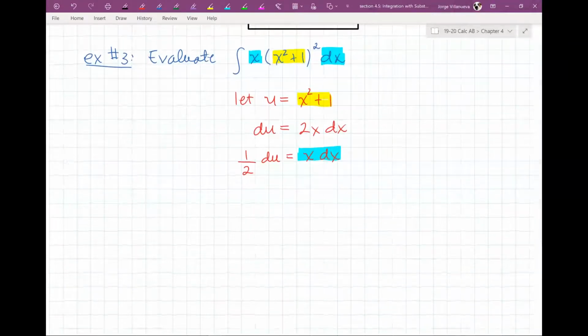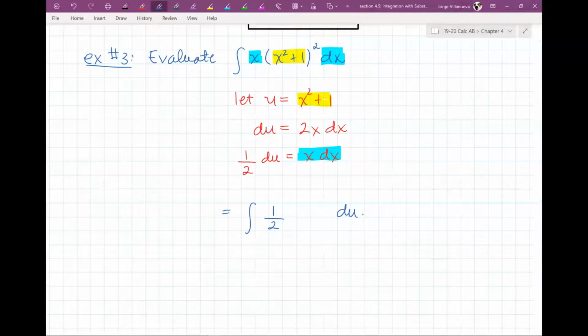So, starting this off again, my integral of, well, I see my x dx there. What do I write for x dx? Half du, right? That's what's right there. Notice I do separate the du because I have to write some other stuff in there.